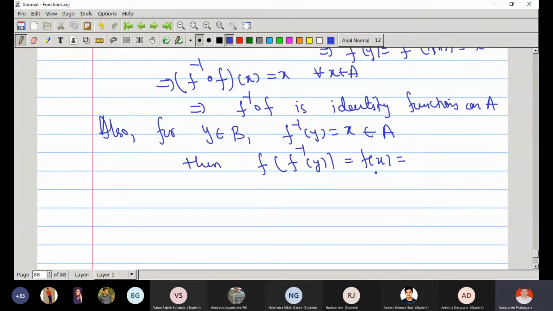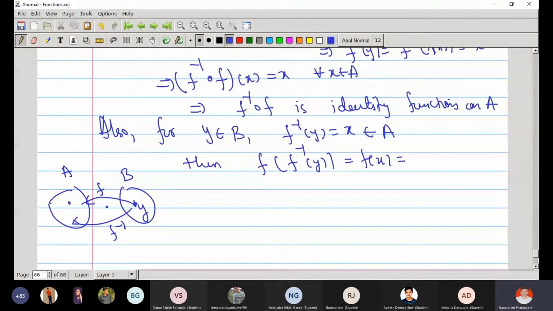Because this is my second set, this is my first set, and when I say I am applying f inverse on y, that means y is already a pre-image of something. So there is x such that x goes to y.